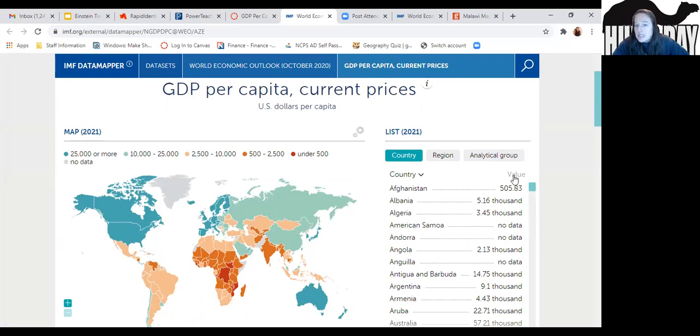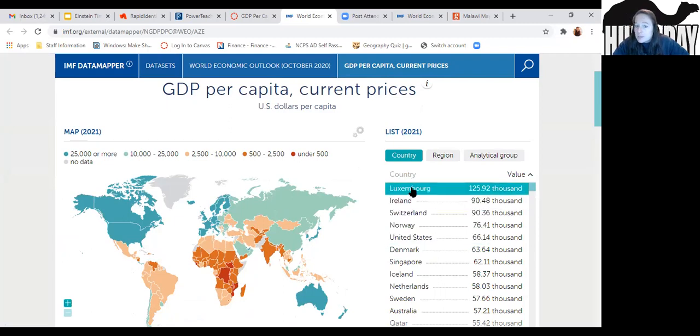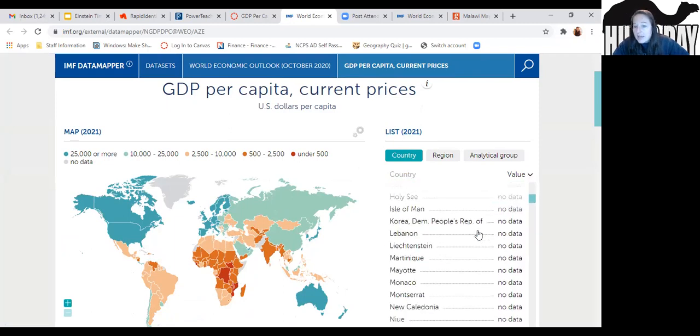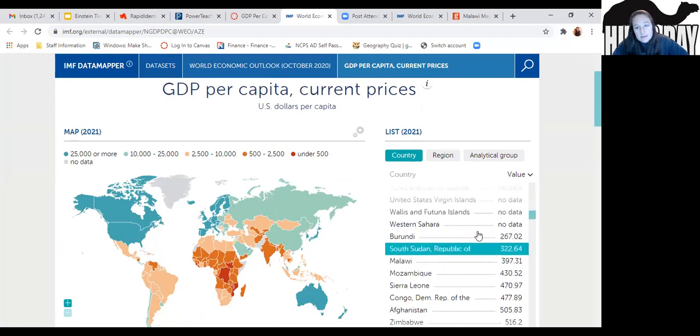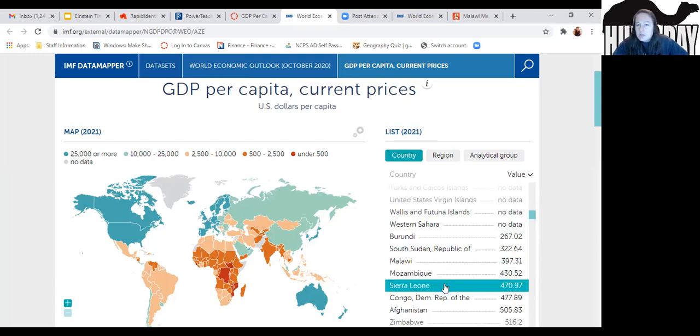Sort them by GDP per capita. You're going to use the top 5: Luxembourg, Ireland, Switzerland, Norway, United States. And the bottom 5 with data: Burundi, South Sudan, Malawi, Mozambique, Sierra Leone. Those are the 10 countries that you're going to use.